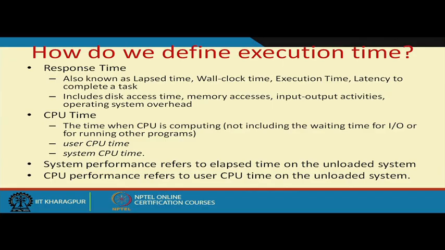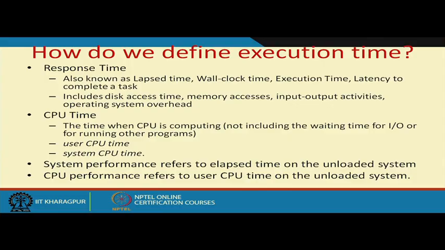So, your CPU should be powerful enough, and your operating system should be capable so that the CPU does not wait for IOs for running other programs. This CPU time can be broadly classified into either user CPU time for running a single program, or the system CPU time, which includes not only the program running time, but also the operating system overhead over running the program.